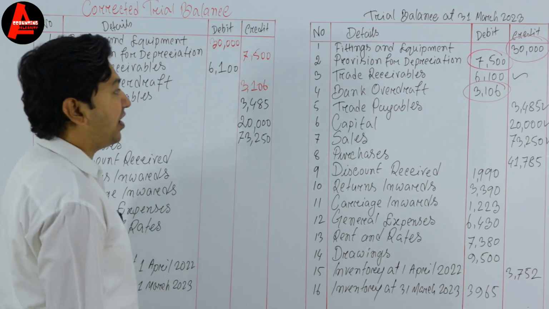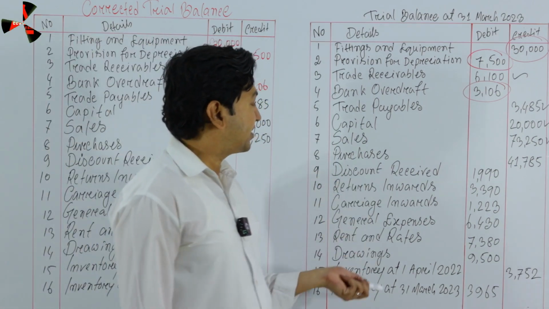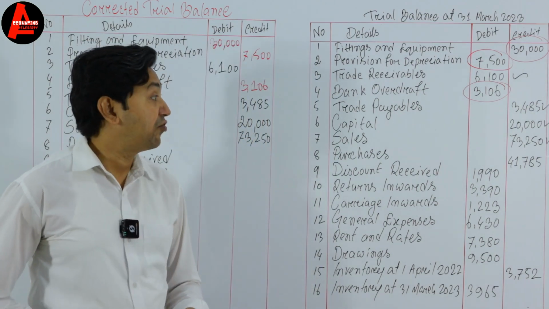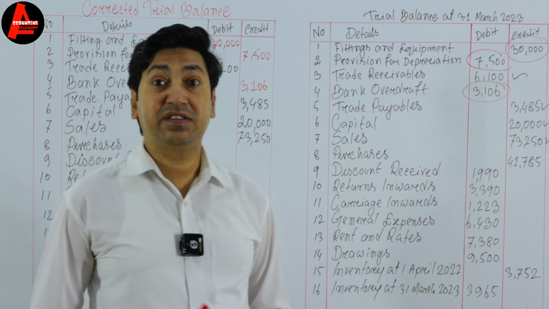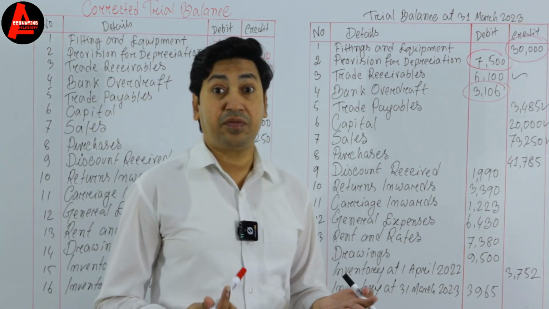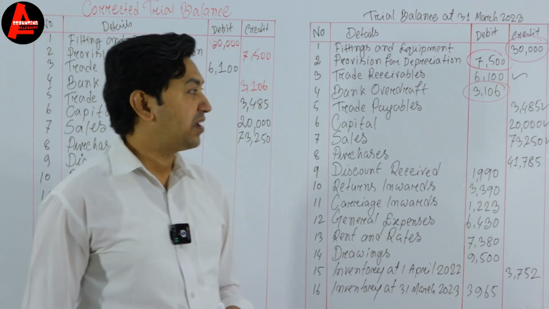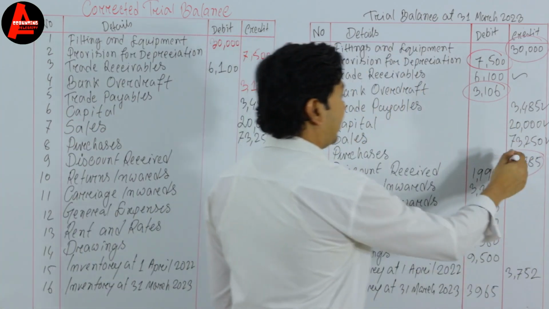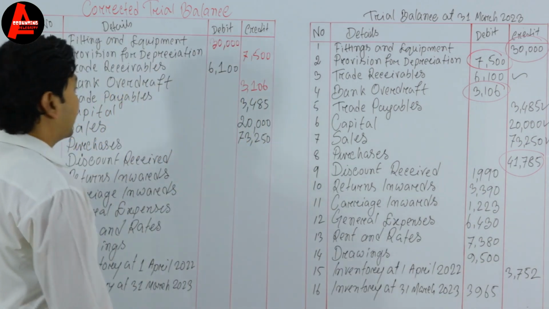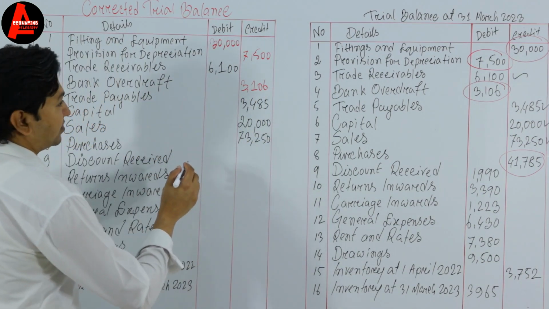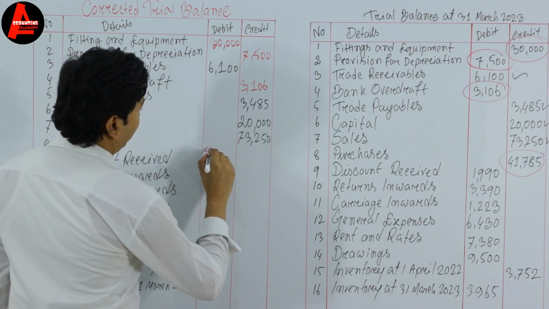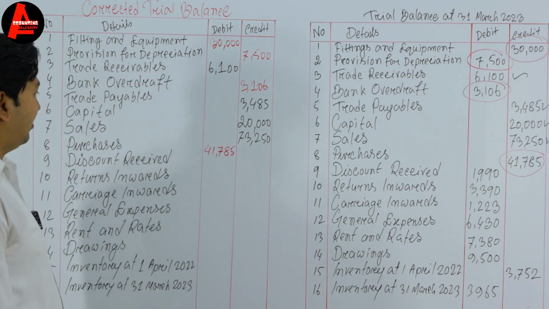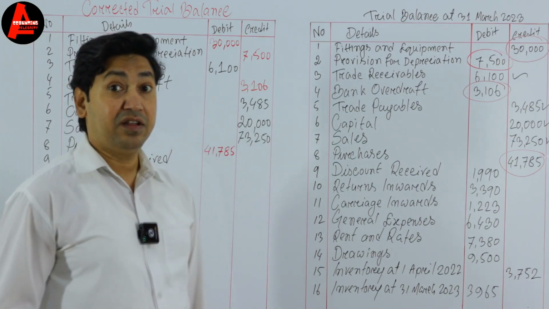Then we have the next one, number 8, purchases $41,785 on the credit column. Purchases is an expense. Expenses of all types will be debited. But here it is written as credit, so it is not correct. We will correct it on the corrected trial balance. We will write $41,785. So we corrected another mistake.